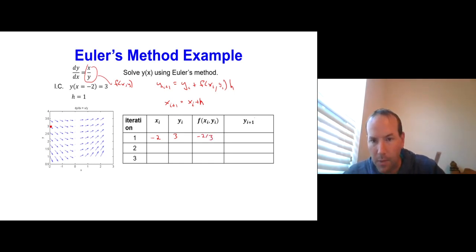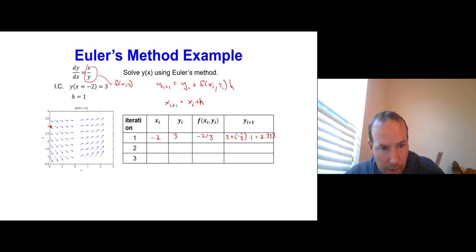Then y_{i+1} is, let me write out the whole thing, 3 plus -2/3 times 1, which equals 2 1/3. That value gets placed down here for the next step.